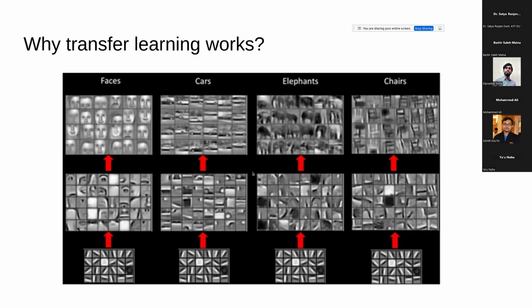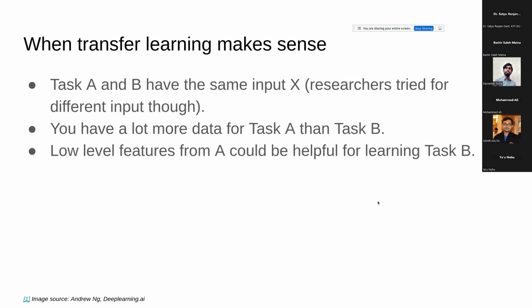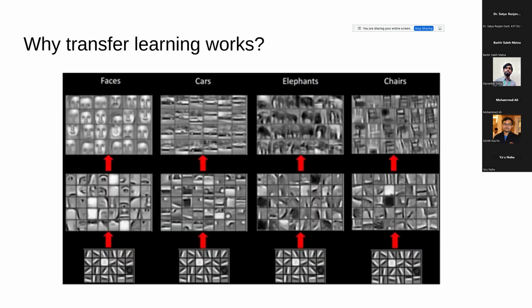Fine. So why does transfer learning actually work? Because in the case of images, the earlier layers, the beginning layers, learn basic features like edges and corners. It goes upward, and this is your first layer, so it learns basic features, maybe edges, curves. Once you go deeper into the model, it learns more difficult representations.